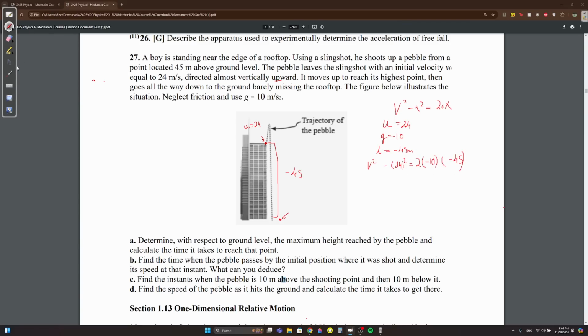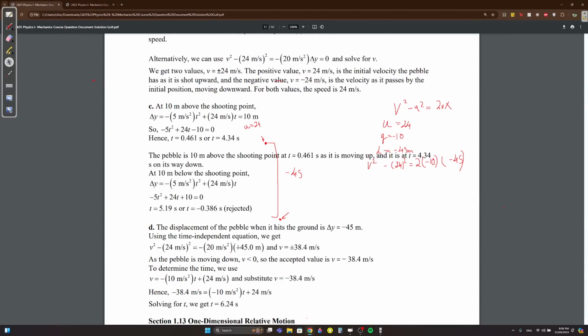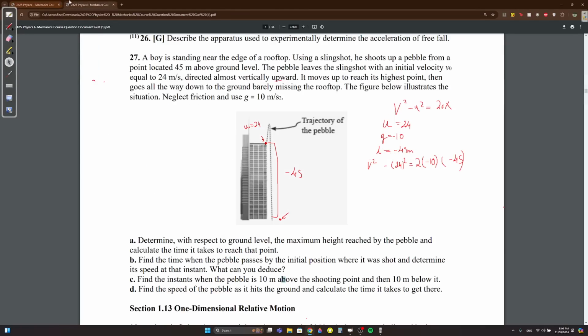So you're going to take it all to the other side. It's -20 times -45. Did I do something wrong? No, I did something wrong. -20 times -45 is positive, so you're going to get 900.